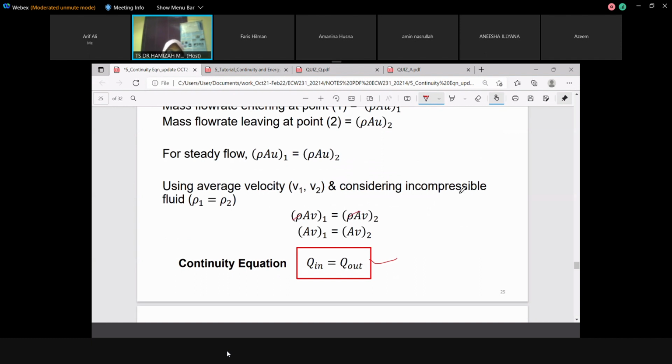Okay, why do we cancel the density? Other than the density being the same, we consider the fluid to be incompressible.